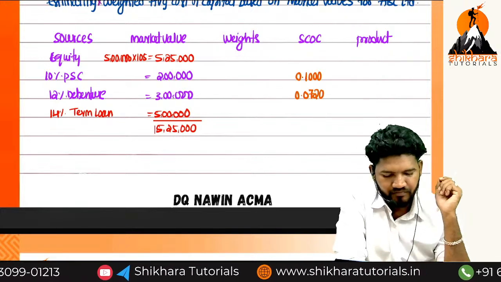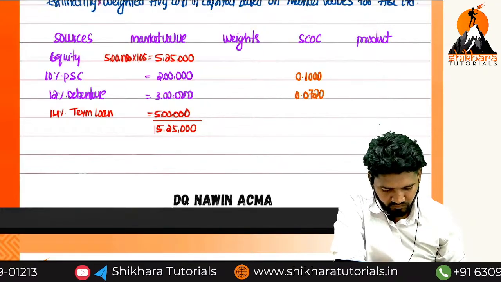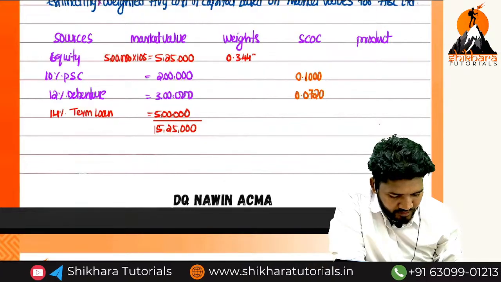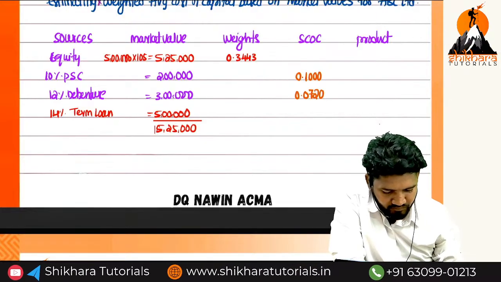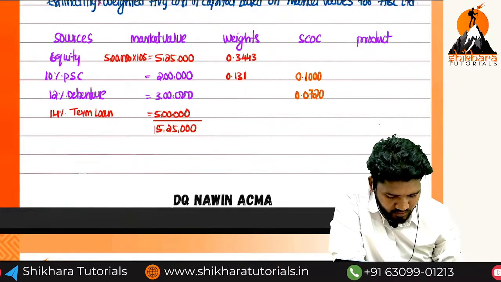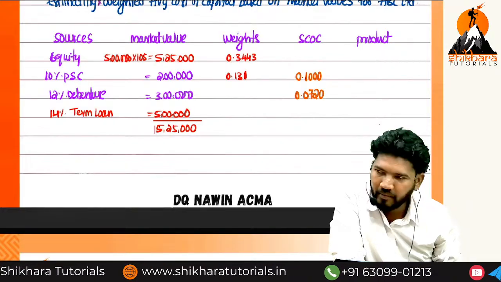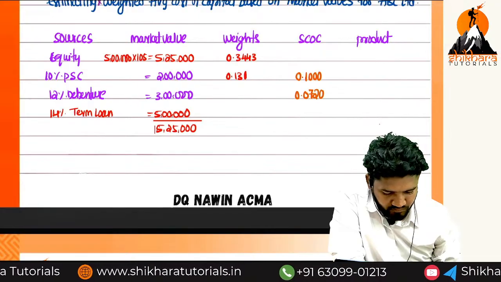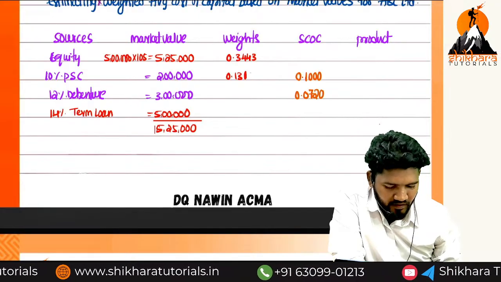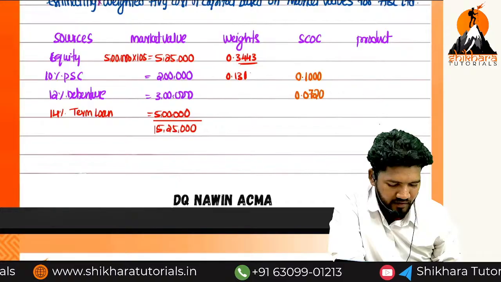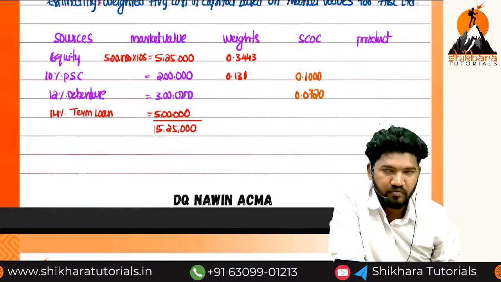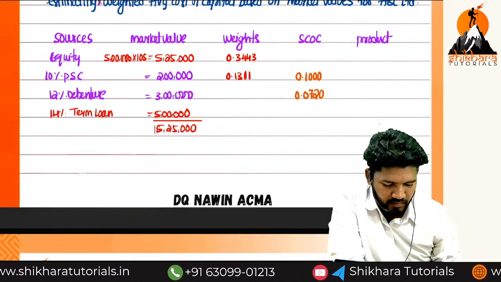Weights please. 0.3443. 0.131. What about the fourth element? Here I consider 4 now, that's why I want 4 down also. 2 lakh divided by 15 lakh 25,000. 0.11.